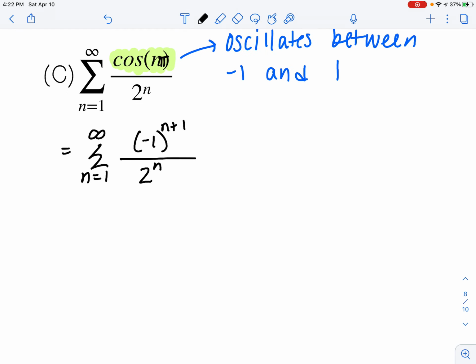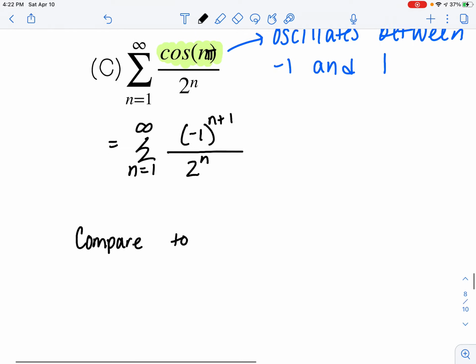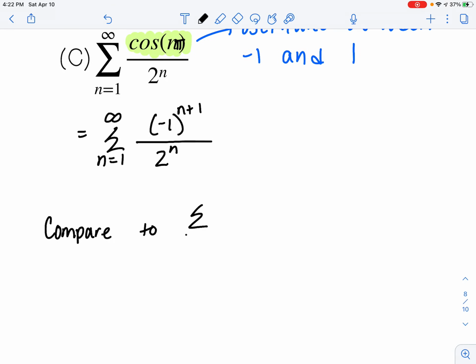So let's compare this to the sum from 1 to infinity of just 1 over 2 to the n.